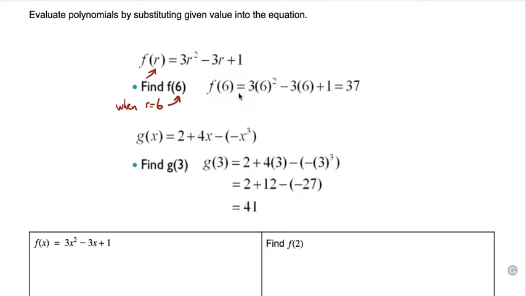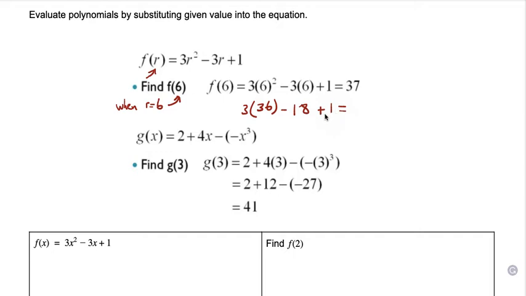So this here gives us 36 times 3 minus 3 times 6 is 18 plus 1, and hopefully you notice that is not equal to 37.